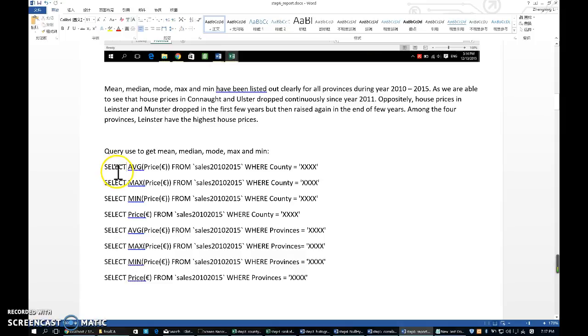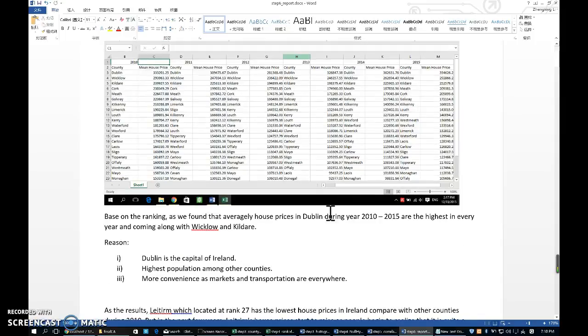We use select average, max, mean price from sales 2010 and 2015, where county and province equal to each specific question, and we also use select price from the sales table where county or province equal to, and paste the values in Excel to find the mode and the mean for each dataset.